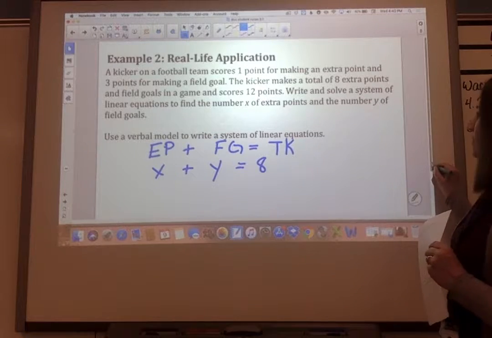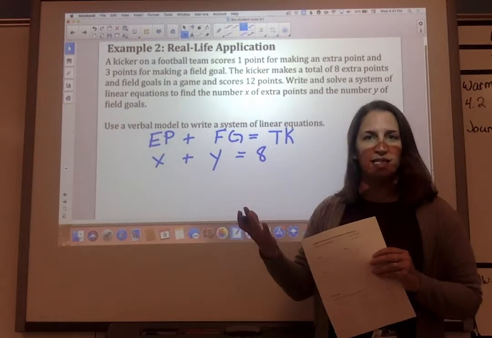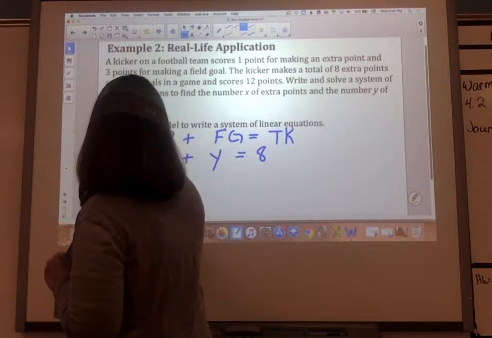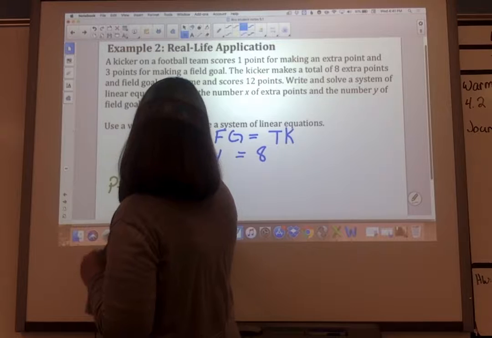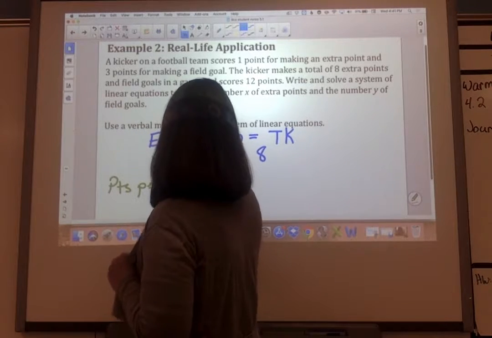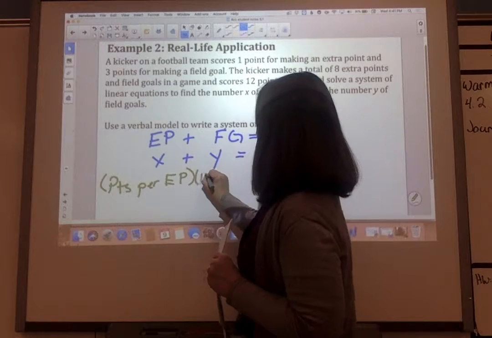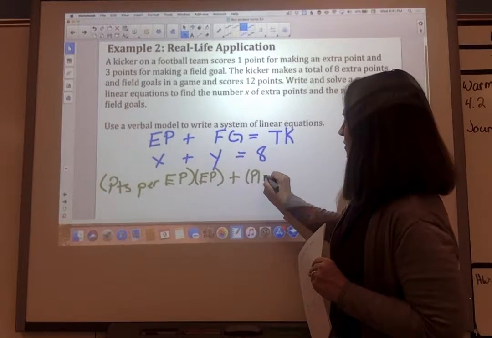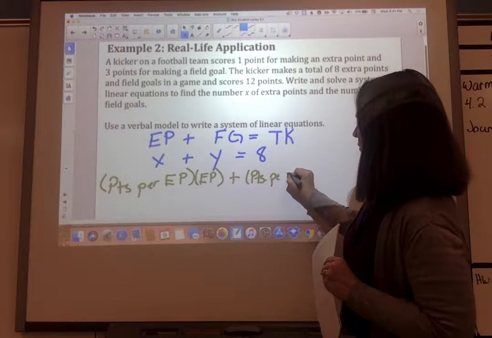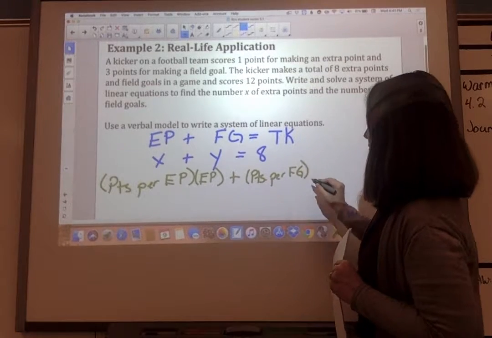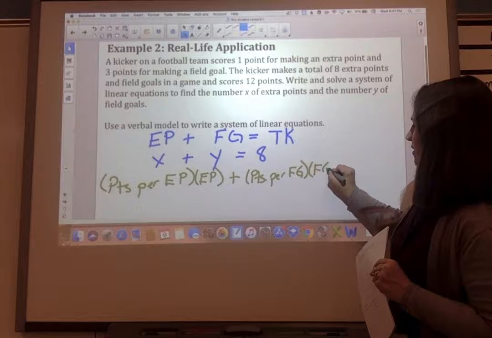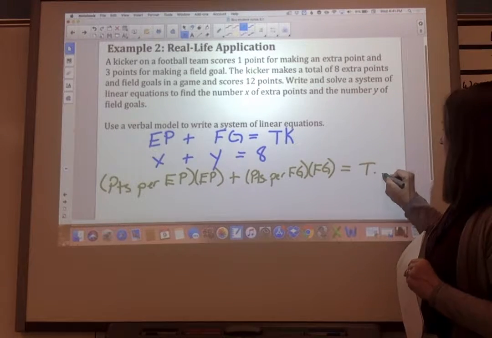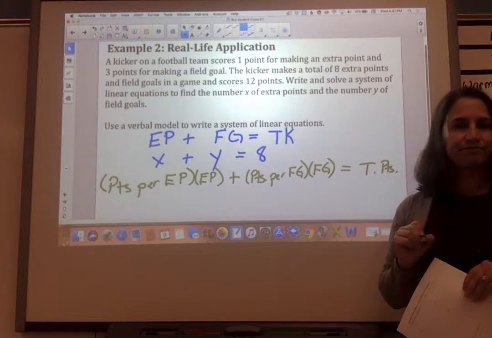Now, the second one is a little bit more complicated because we need to take into account how many points you get. So we're going to say points per extra point times the number of extra points plus points per field goal times the number of field goals equals total points.